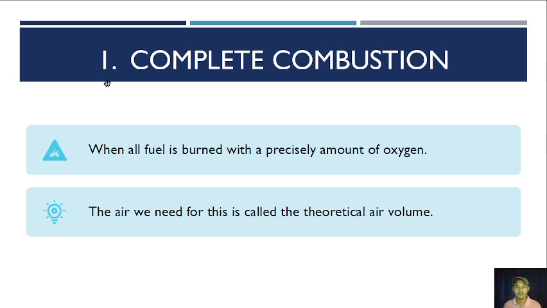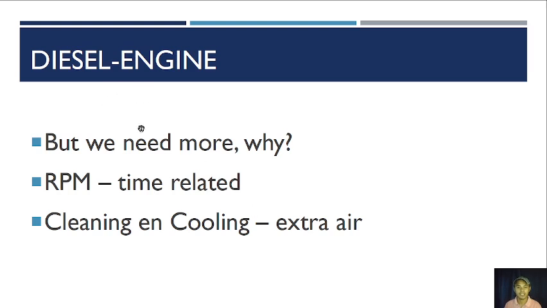Okay, part 1, complete combustion. This is when all fuel is burned with a precise amount of oxygen, so the air and fuel ratio is exact. The air we need for this is called the theoretical air volume, to have a complete combustion. But for a diesel engine, we need more. Why?